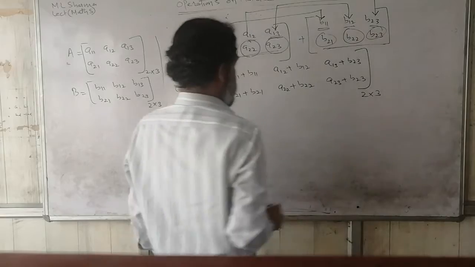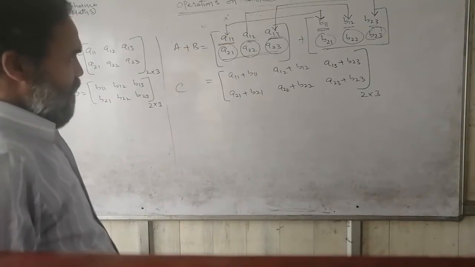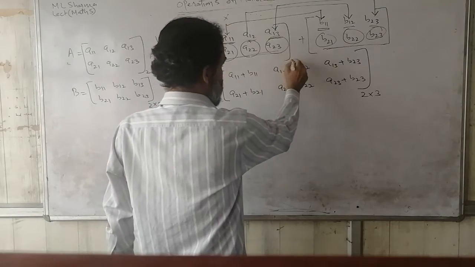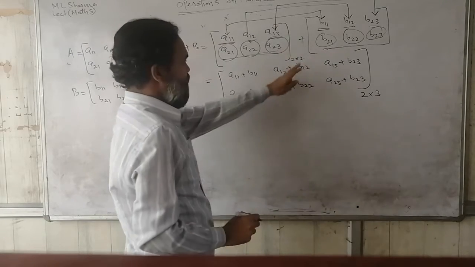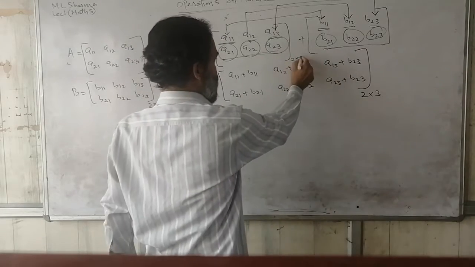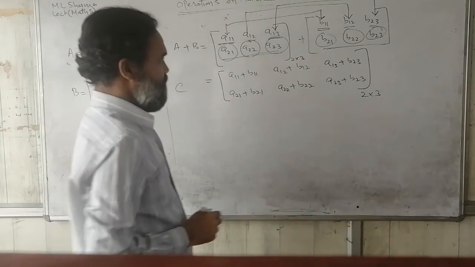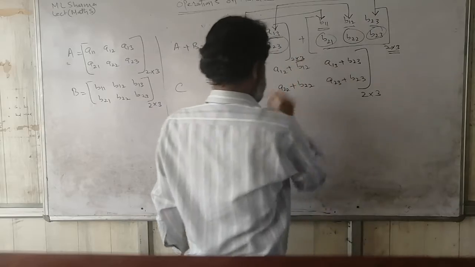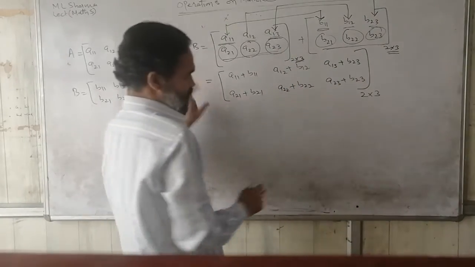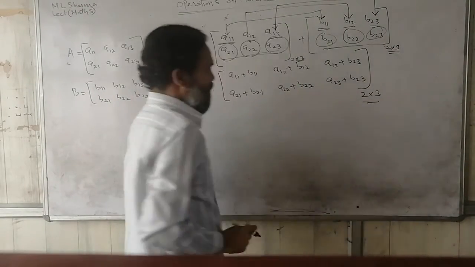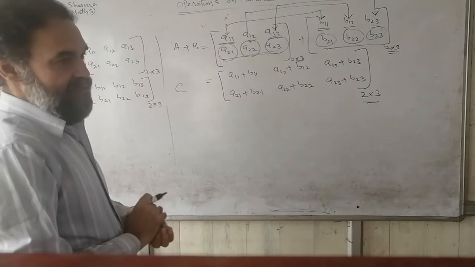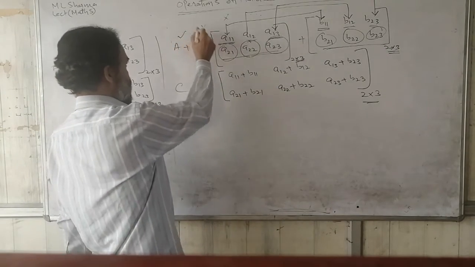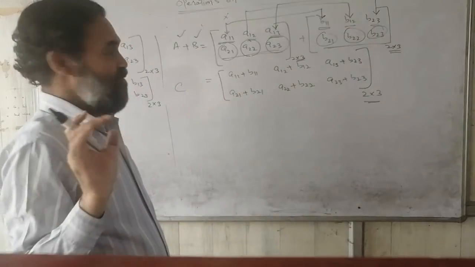Again, the matrix which is obtained by adding these two is of the same order. It was a matrix of 2 by 3 order, and the matrix obtained by adding these two is of the same order. So this means for adding two matrices, order should be the same.